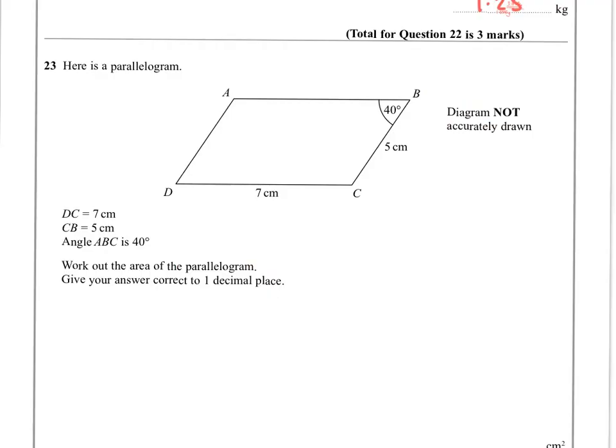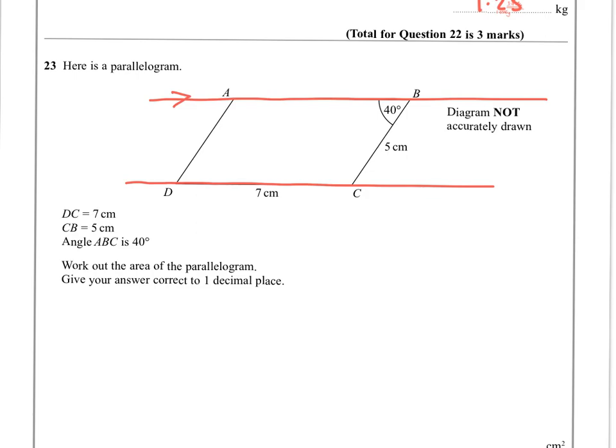Now for this question, you've got to work out the area of this parallelogram. I just want to say a couple of things about the area of a parallelogram. If you imagine that these are infinitely long parallel lines, then if you're good at triangles, and I think you're okay with the area of a triangle is base times perpendicular height.